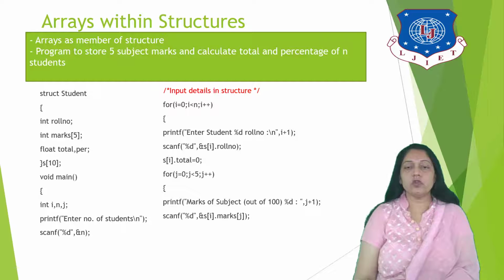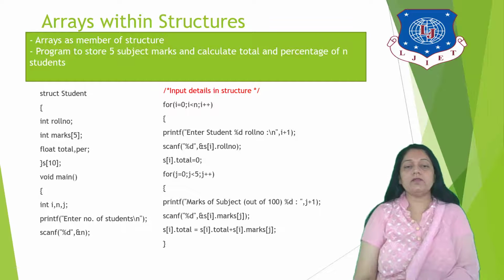So s of i dot marks of j. For each student, that is if i is equal to 0, I'll store 5 different marks: marks of 0, marks of 1, marks of 2, marks of 3 and so on. Similarly, when i is equal to 1, it would become s of 1 dot marks, again 5 marks of that student.